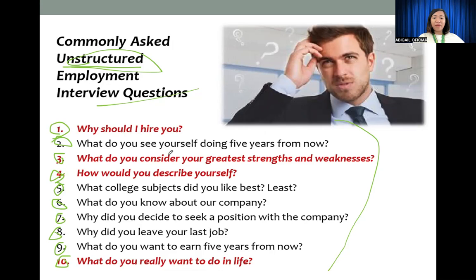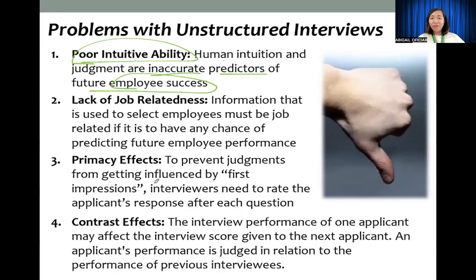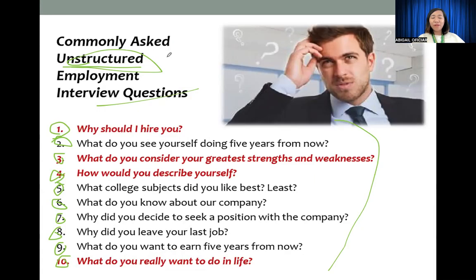Minsan, pre-na-practice pa nga ng aplikante kung ano yung sasagot niyo sa mga ito eh. Okay? So, hindi talaga natin makikita kung magaling siya, in terms of cognition. Cognitive level. Hindi masyadong pinag-iisipan itong mga possible answer to these questions. Okay?